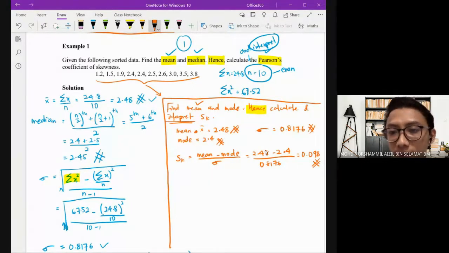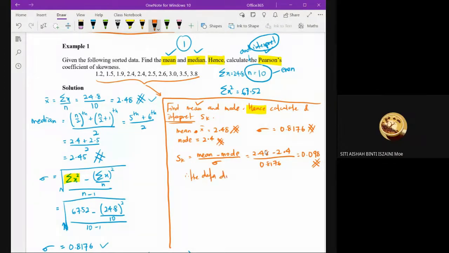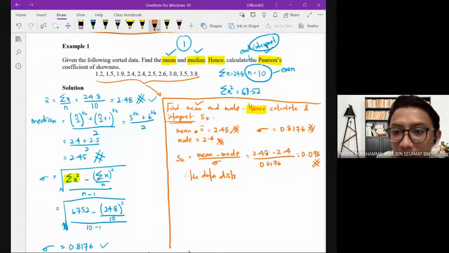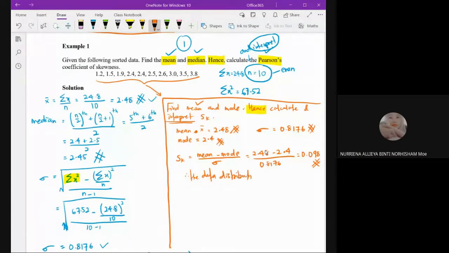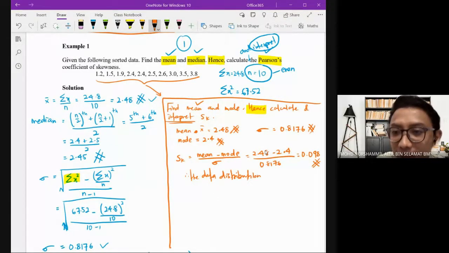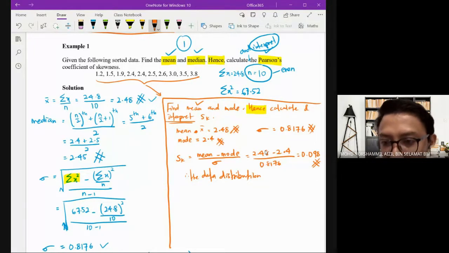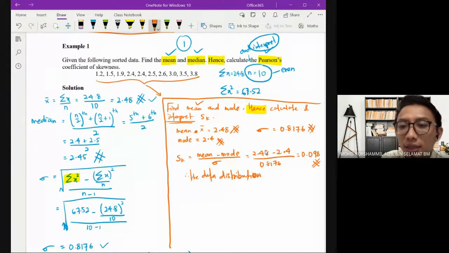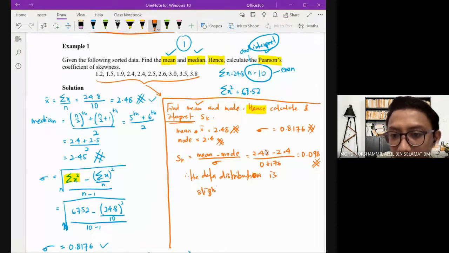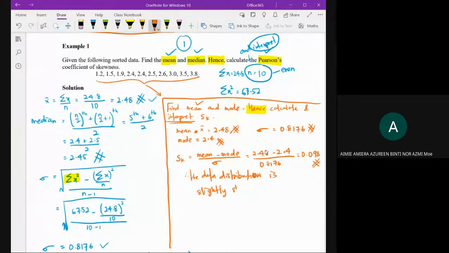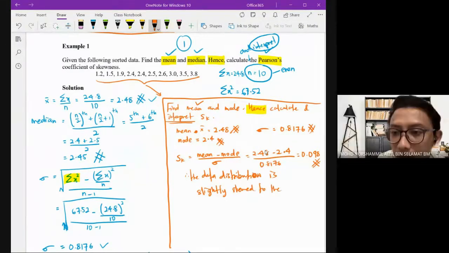So, how do we interpret the data? Slightly. Slightly je. The data distribution is slightly skewed positive, skewed to the right.